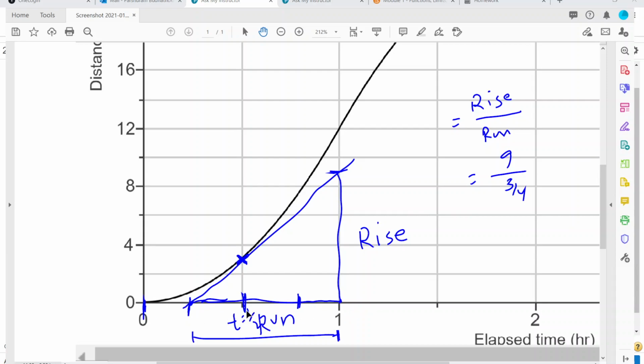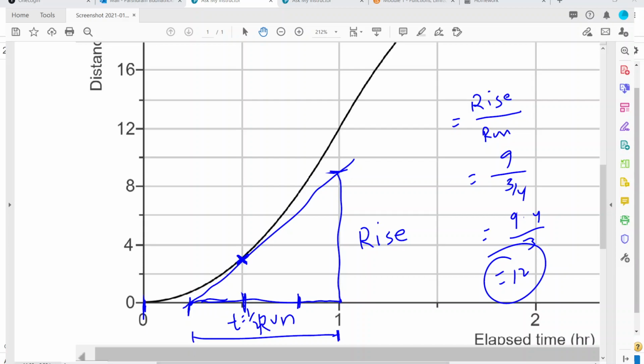So the run is 3 of 4 parts, so you can write 3/4 of 1. So it's 9 over 3/4. If you simplify this, it's 9 times 4 over 3, which is 12. Okay, so the answer is instantaneous velocity at t equal half is 12 miles per hour.